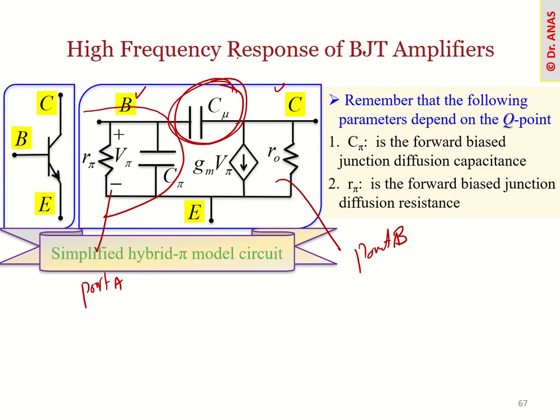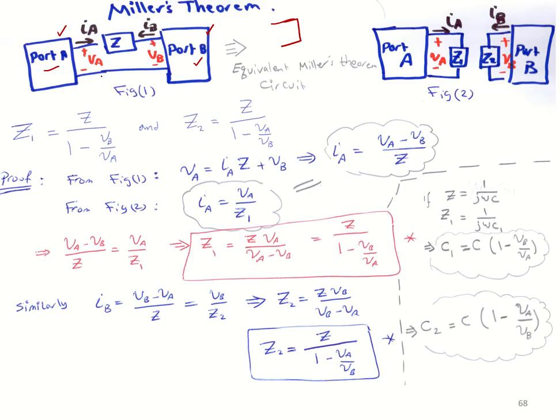Or we could have any kind of lumped component, resistance, capacitance, or inductor, which we generally represent using an impedance. From port A the current IA is flowing and the voltage is VA. From port B the current IB is flowing and the voltage is VB.